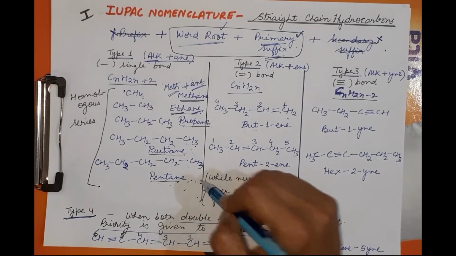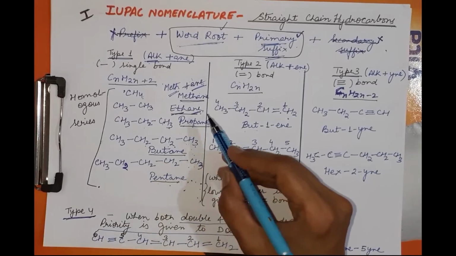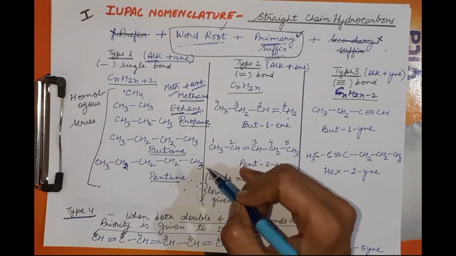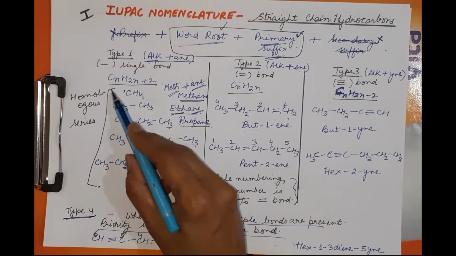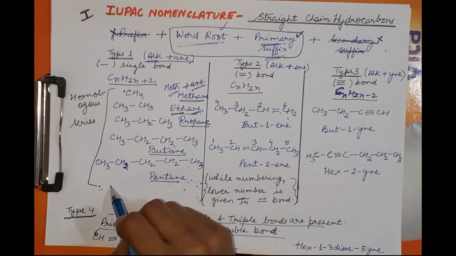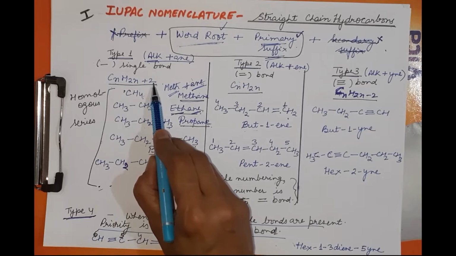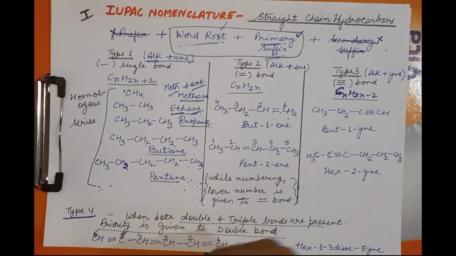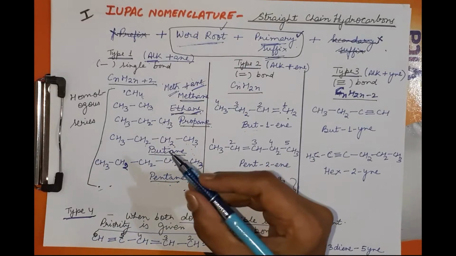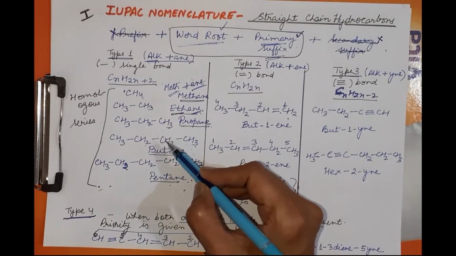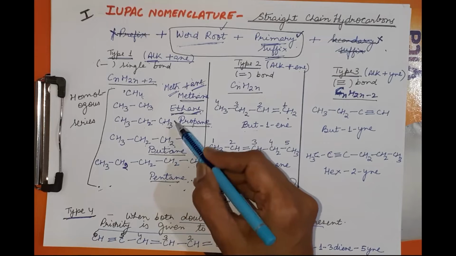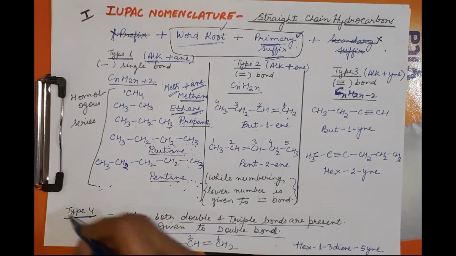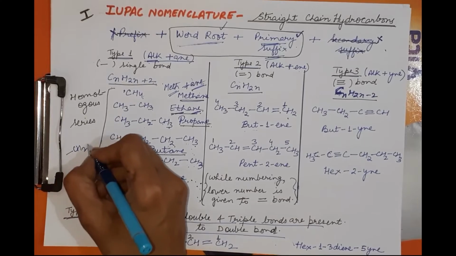Homologous series means such organic compounds which are similar in structure and have the same general formula. All these compounds have the same general formula of CnH2n+2. One unique property is that any two successive members in this homologous series differ from each other only by a CH2 group.